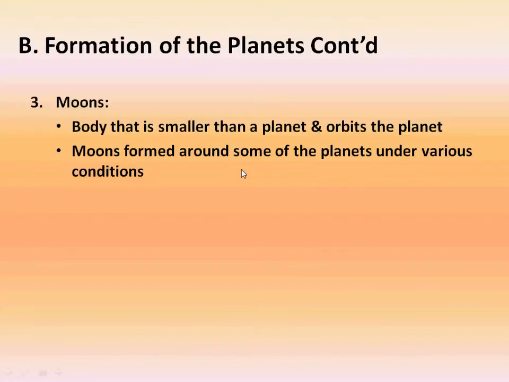Moons, again, other material gets caught in the gravity of the planets as it's happening. Lo and behold, they come together and we see moons. Our moon, basically, formed when another planet slammed into us, and I can't think of the name right now.